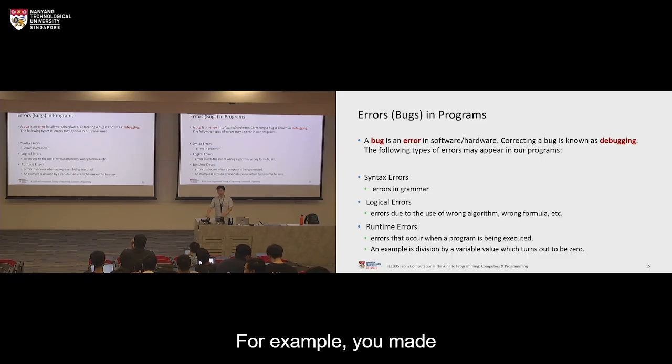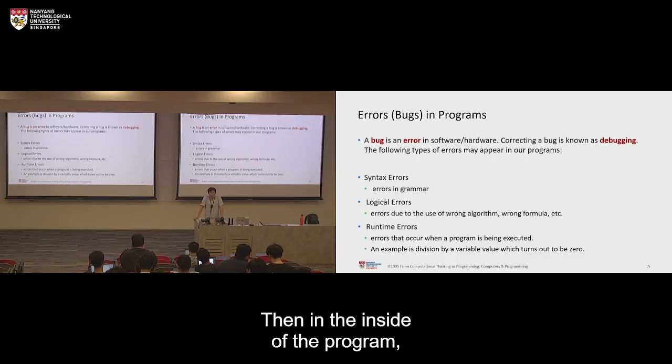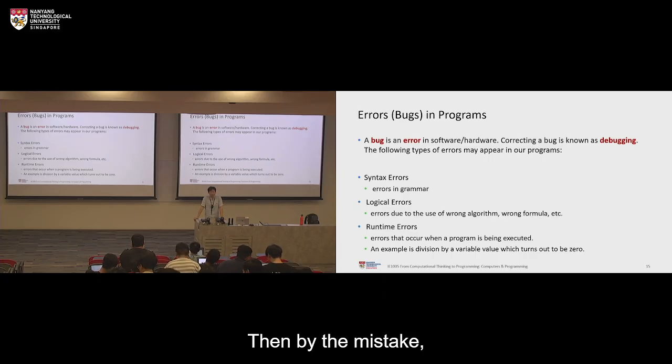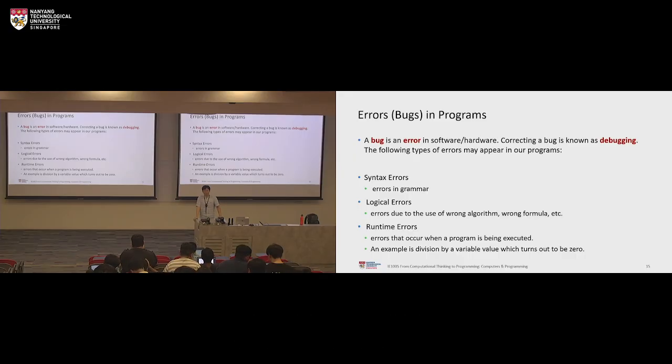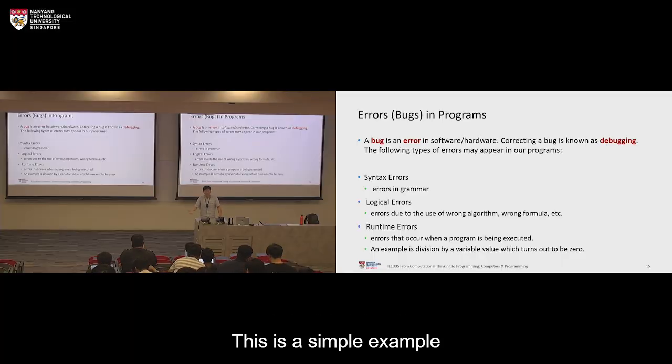For example, you made a program to add number 1 and number 2. Inside the program, you should add number 1 plus number 2, but by mistake, you typed number 1 minus number 2. The grammar is correct, right? But you won't get the right outcome. This is a simple example of a logical error.